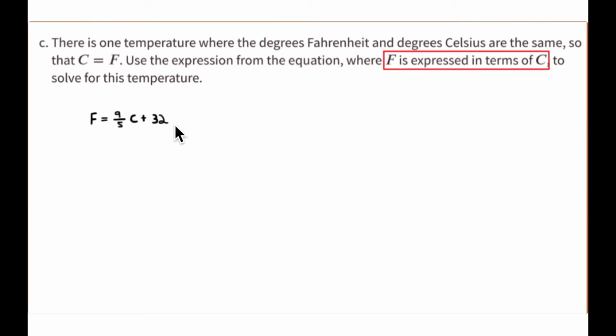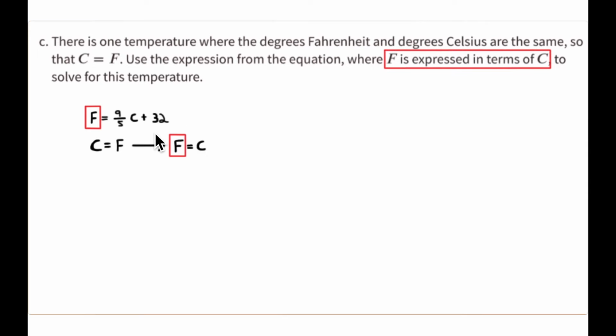So what they mean is to use this formula, where Fahrenheit is written in terms of degrees Celsius. That means that Fahrenheit is equal to this expression, and the degrees Fahrenheit is also equal to this expression. So I'm just switching this around.